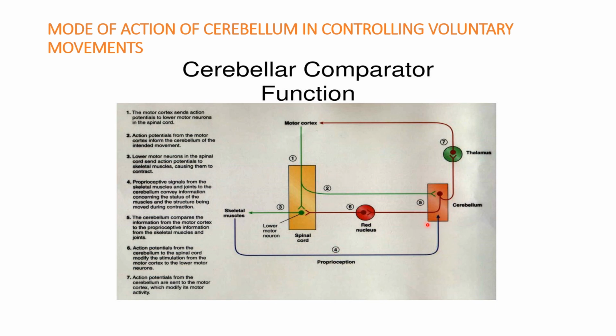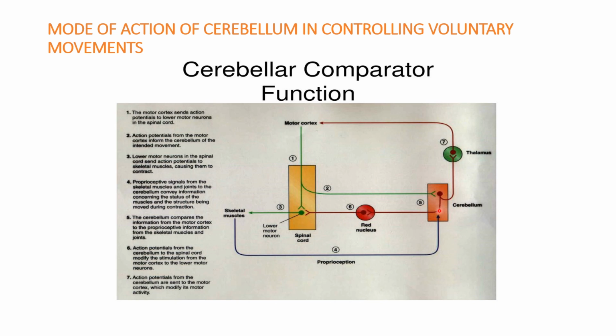Then the action potentials from the cerebellum to the spinal cord modify the stimulation from the motor cortex to the lower motor neurons through the red nucleus. So it is comparing. If there is any difference, it will modify the information about the stimulation to the spinal cord via the red nucleus.